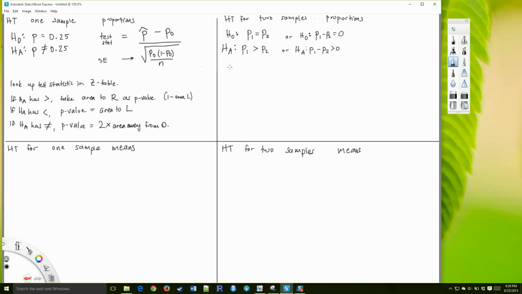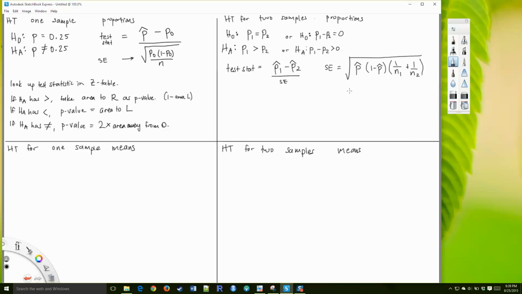Your test statistic is going to be P hat 1 minus P hat 2 divided by the standard error. The standard error is equal to the square root of P hat times 1 minus P hat times 1 over n1 plus 1 over n2.